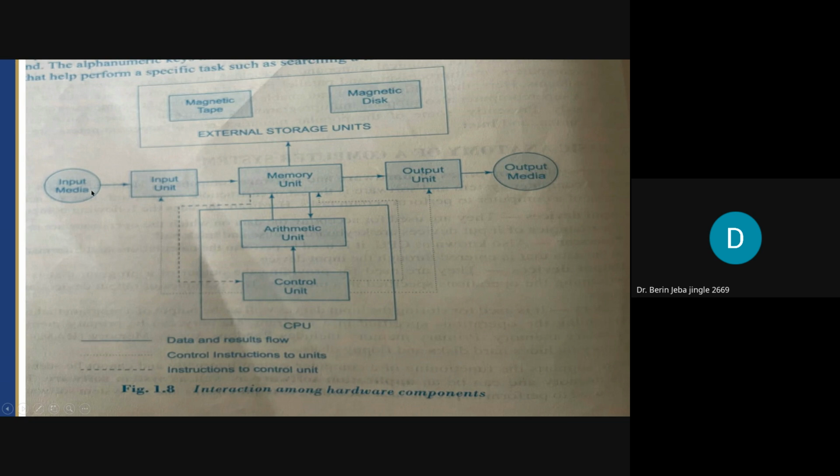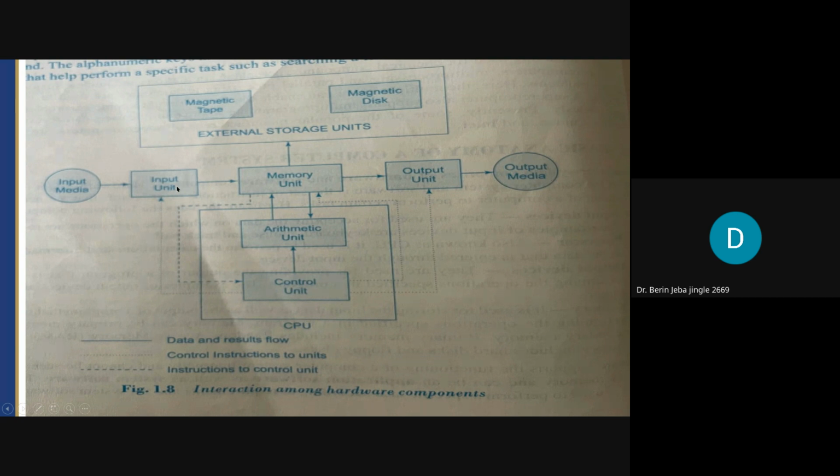Then when we see outside the CPU, we can see an input media, input unit, memory unit, output media. The input media are the keyboard, the mouse, whatever through which we are inserting the data. Whatever things through which we are inserting the data, we call it the input media. It all goes to the input unit.